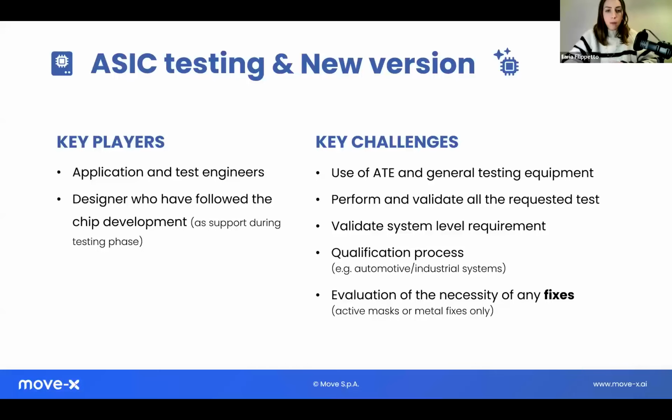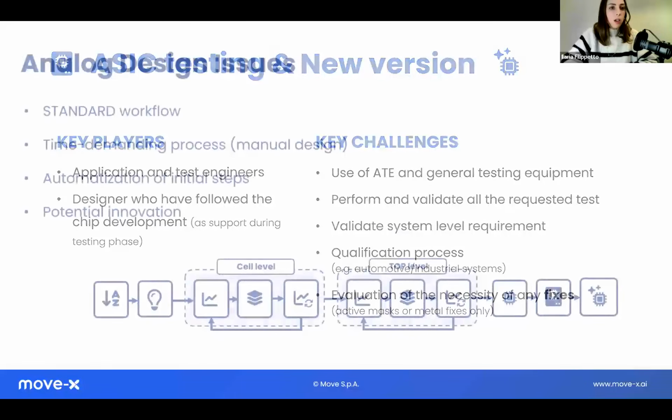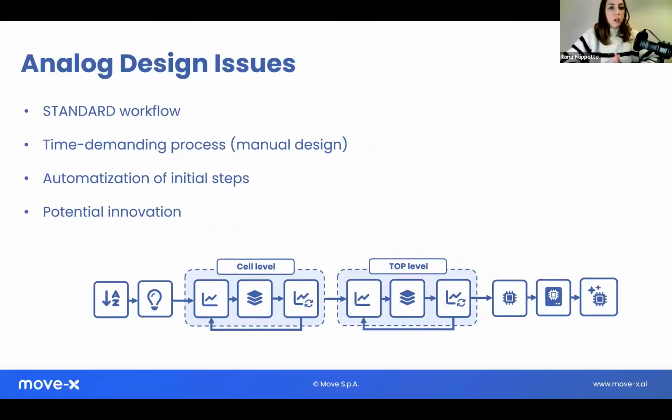These fixes can involve bigger changes, like changes in active masks, or in some cases only in the metal interconnection layers. So this concludes the high-level analysis of all the chip development workflow.